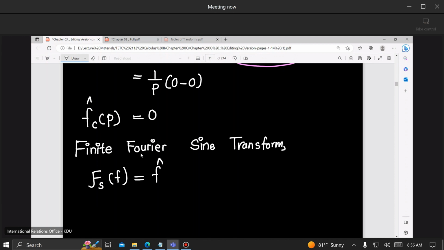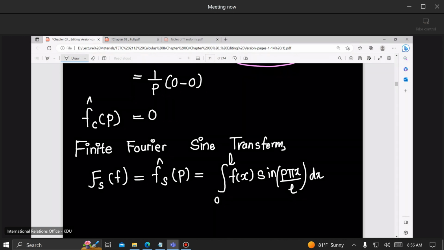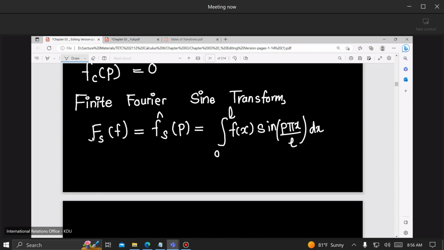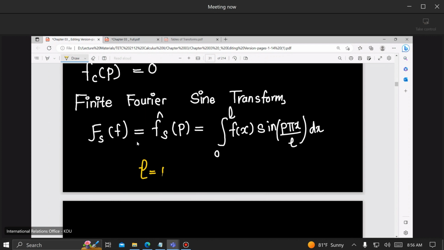F hat S of p is equal to the integration from 0 to L of f of x sin p phi x over L dx. Here we have identified the value of L is equal to phi and our f of x is equal to 1. So let's substitute these two.